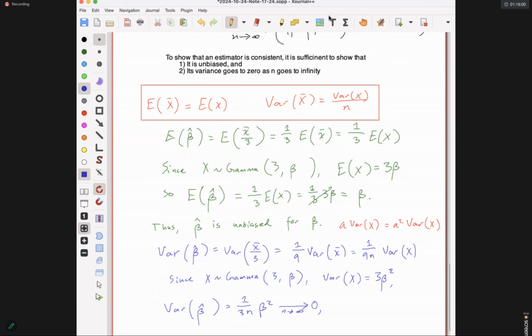And so what is my conclusion from this? A consistent estimator of theta, sorry, of beta. Do you have any questions about this?